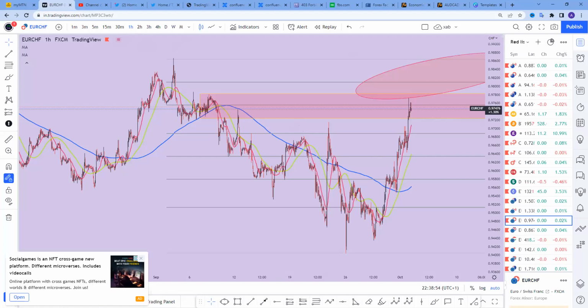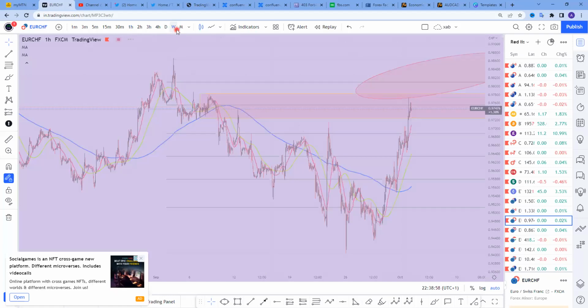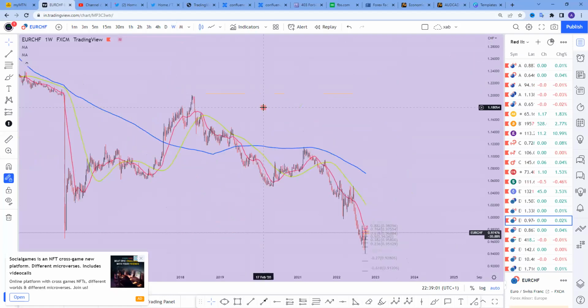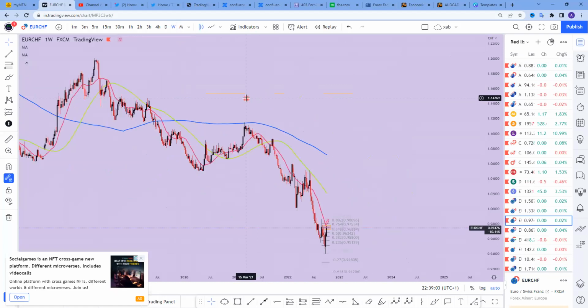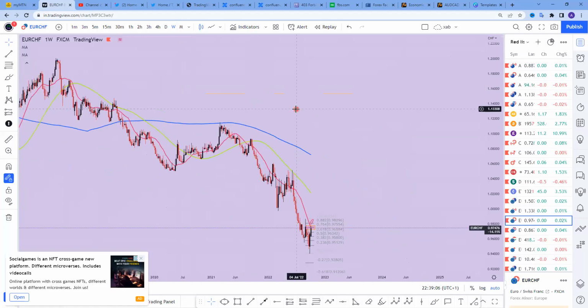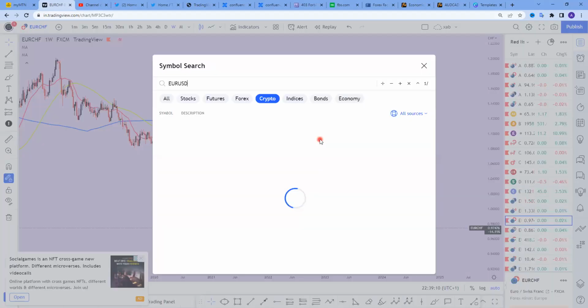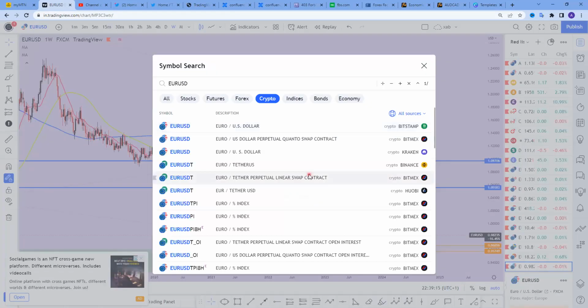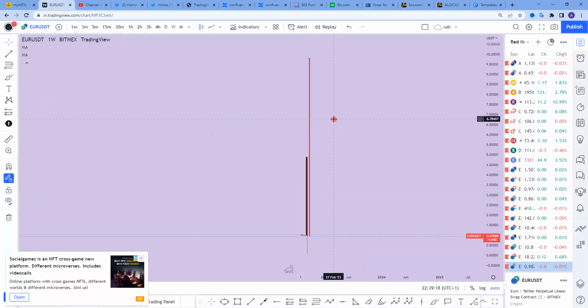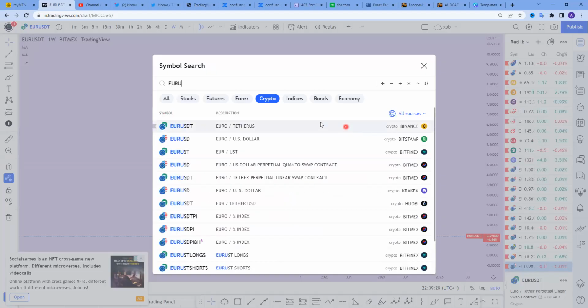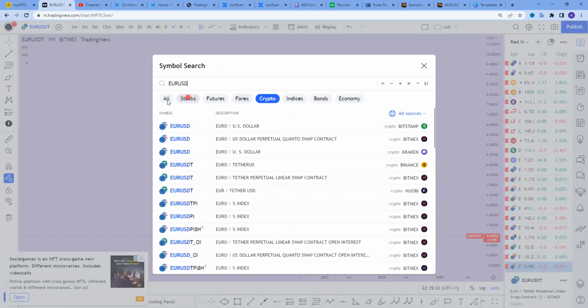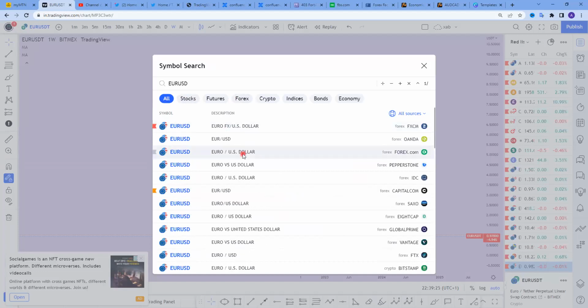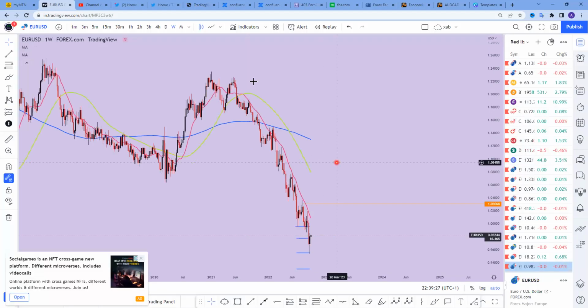Let's start to look at these things more practically, from a very good point of view. Let's use Euro USD. So this is Euro USD.